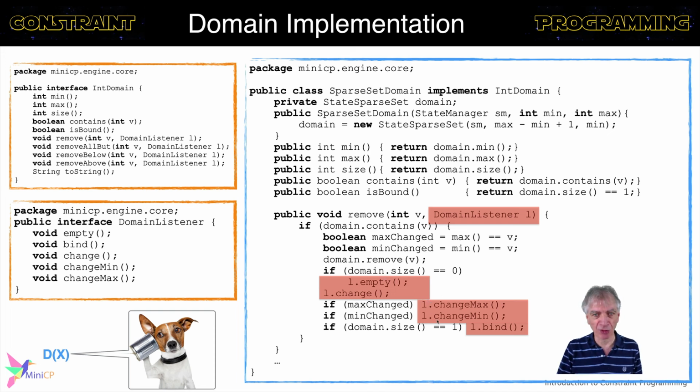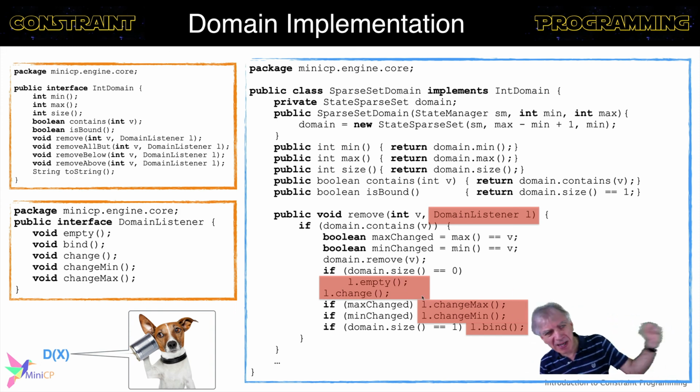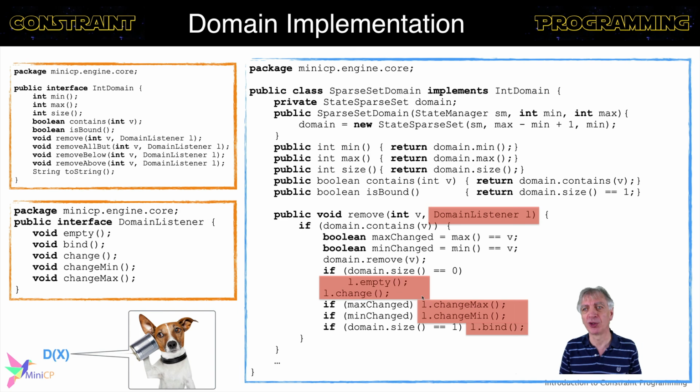Changing the min and the max is very important as well, telling the system, because some of the constraints only react when you change the min and the max. So we have seen, in a previous video, the way you propagate linear inequalities by looking at the min and the max only, nothing else, right? So this is why you tell the world, hey, my max has changed, oh, my min has changed, right? So that's what you do here.